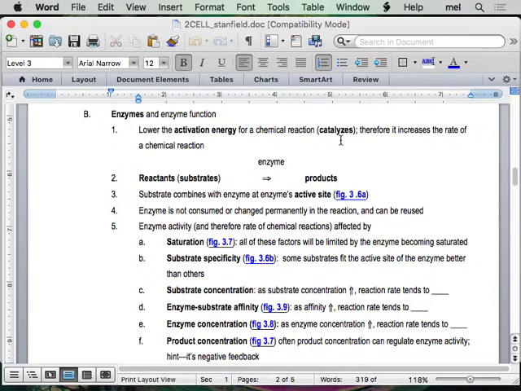I can provide a location that is attractive to A and attractive to B. So if A is this shape, and B is this shape, then what if I have a protein that has a binding site for each? I have just dramatically increased the statistical likelihood that I will get the product that I want. And the more enzyme that I have, and this is the enzyme, the more product I will get.